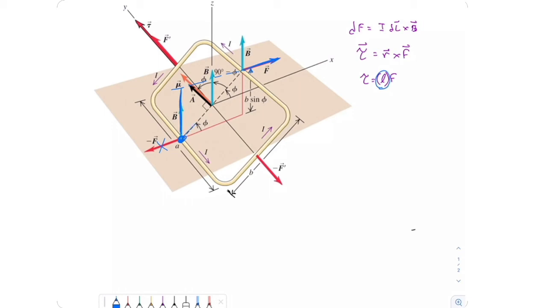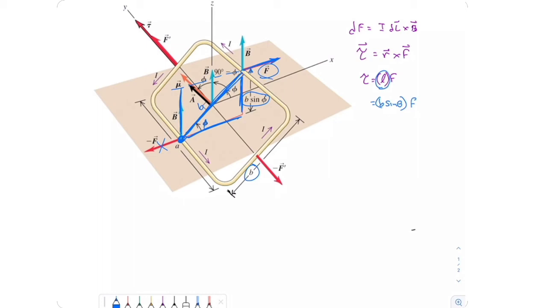So the width of our loop is b. So this distance between these two points is b. This angle here is phi. So this distance is b sine phi. And likewise, this distance here is also b sine phi. That's our lever arm. So the torque becomes b sine phi times the force.